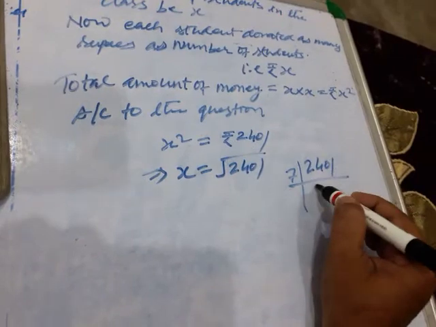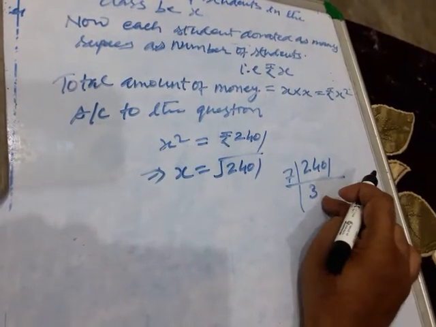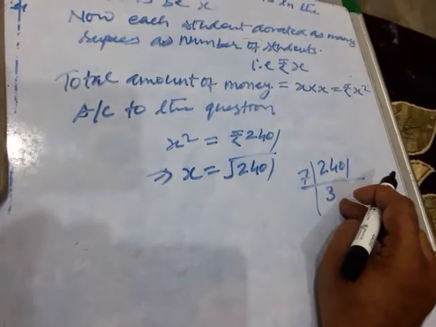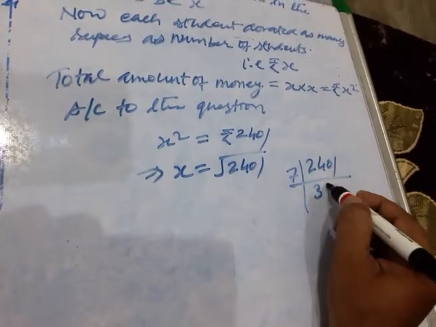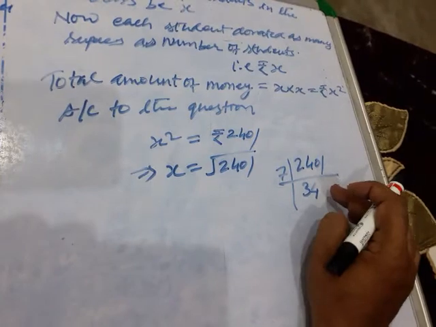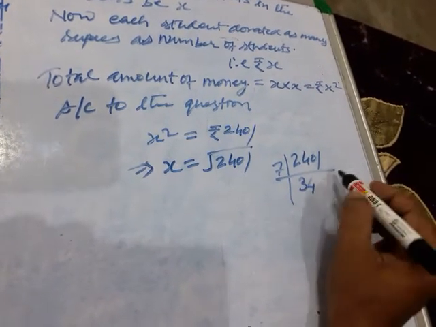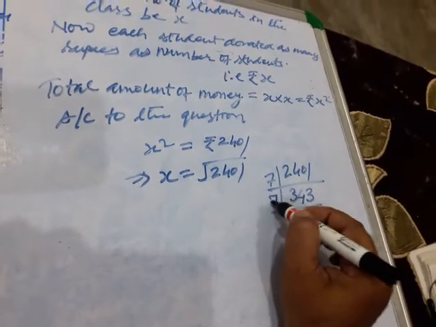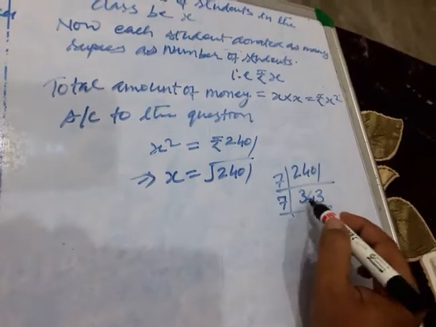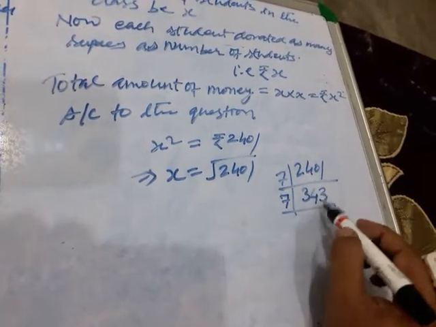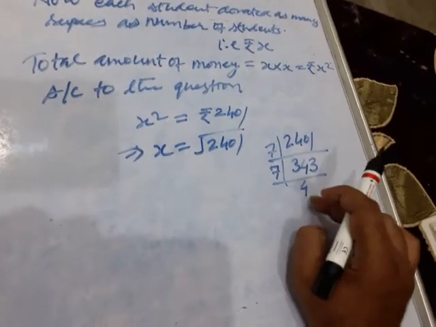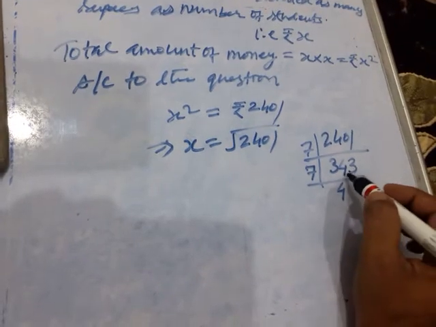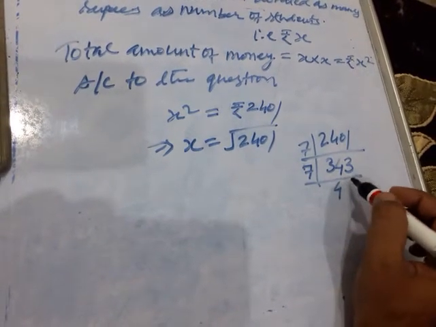That is, 7 threes are 21. Clear? 3 is remaining. Then again, 7 fours are 28. Clear? Now 2 is remaining. Then 7 threes again 21. Then again by 7, 7 fours are 28, and 4 plus 2 is the remainder.